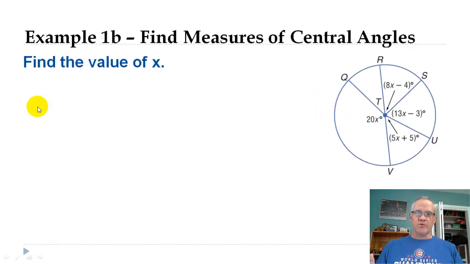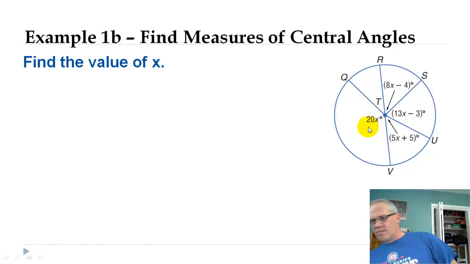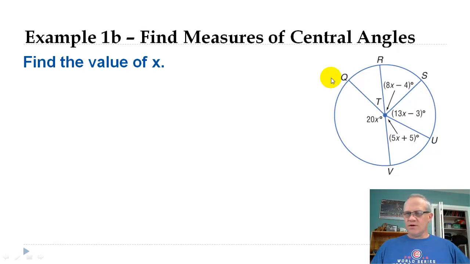All right, a little bit more complicated, but let's think along the same lines here. We're trying to find x. If you look at that circle, I think probably the easiest way to go about this is if you look at that here, that RV looks like a diameter there.